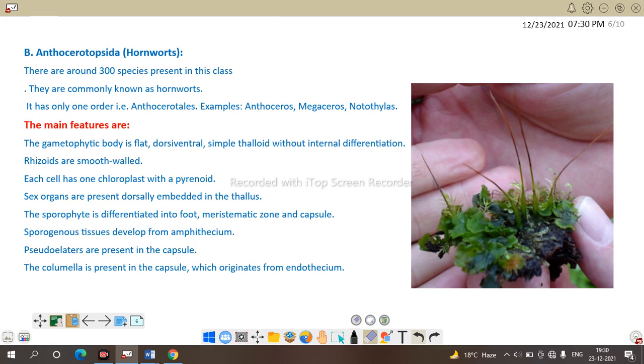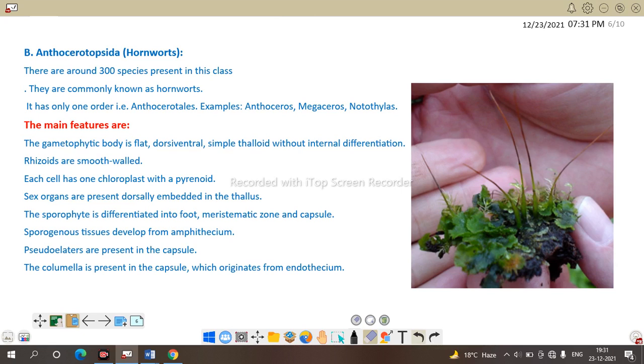It has only one order, that is Anthocerotales, and the order contains Anthoceros, Megaceros, etc. The main feature is that it is dorsiventrally flattened without internal differentiation. Rhizoids are smooth-walled and contain chloroplast and pyrenoid. Sex organs are embedded dorsally on the thallus.